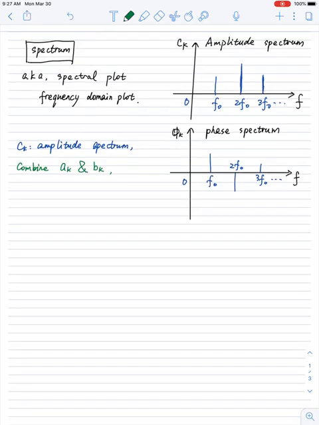Recall that ck is equal to ak squared plus bk squared, and then take the square root.